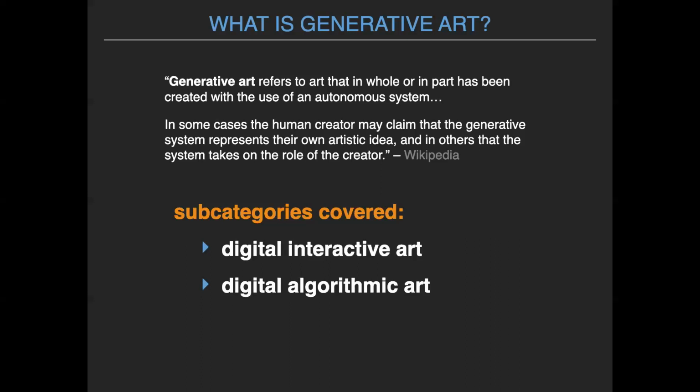Whereas algorithmic art is specifically lacking interactive manipulation. An example of that is a screensaver on a computer, where the computer is drawing something.